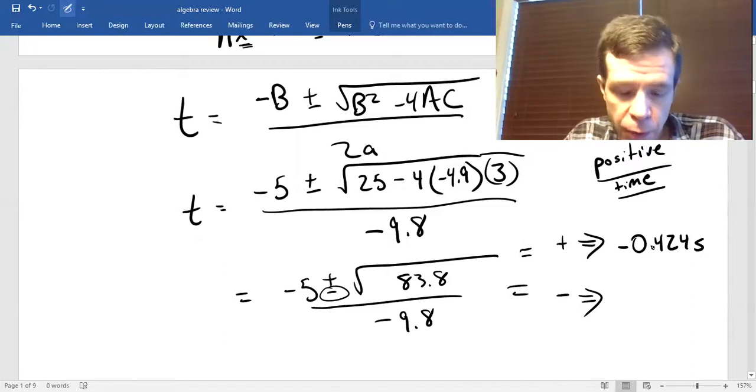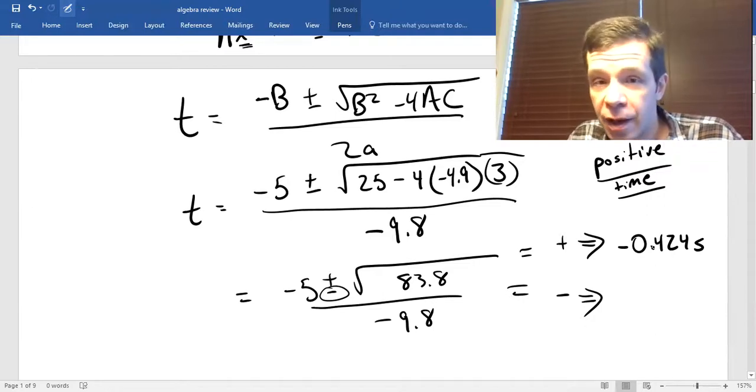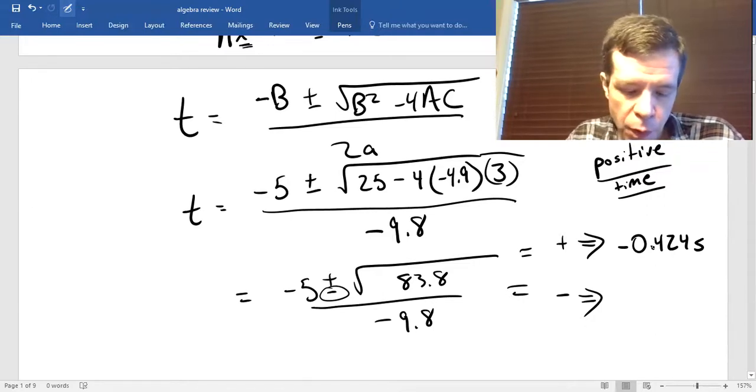If we do the other way, square root of 83.8, and we take the negative result there, they will then add together because we have negative 5.